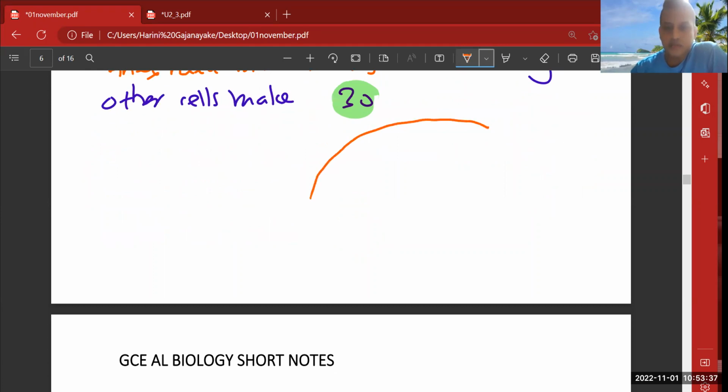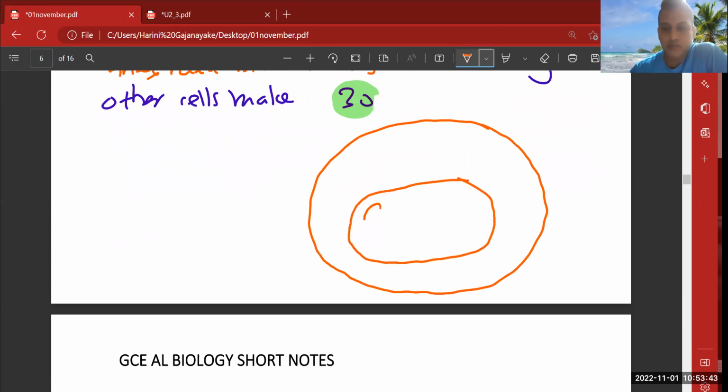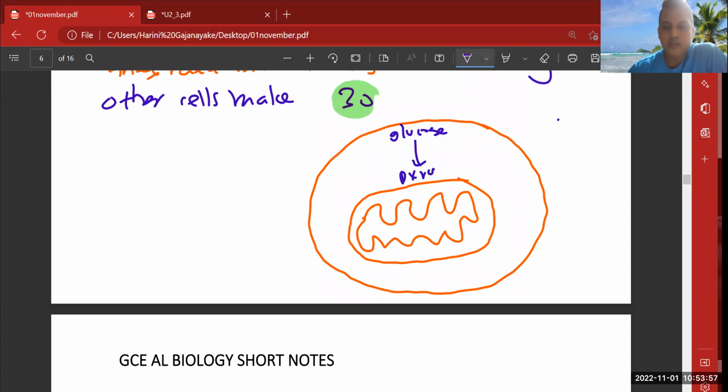Now if you take a cell, this is a mitochondria. Can you remember glycolysis: a glucose molecule breaks down into pyruvate, and it produces NADH and also ATP and other molecules. Now this NADH should move into the mitochondria.